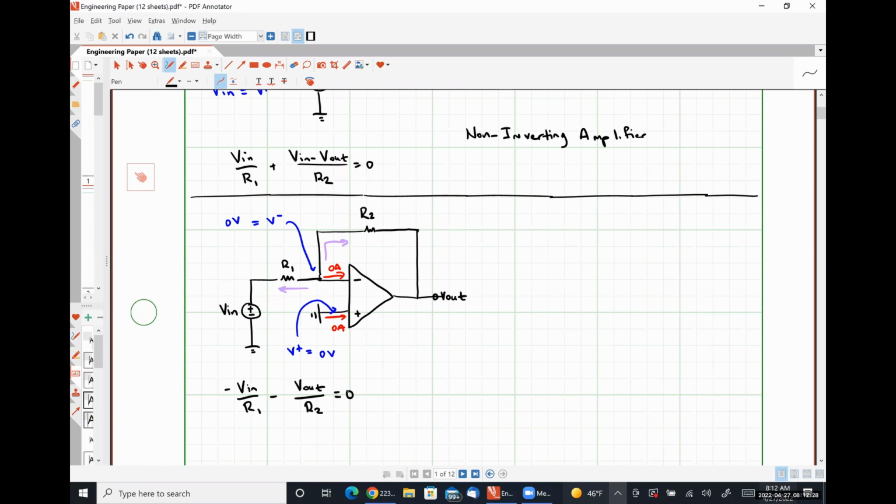And with a trivial amount of algebra, that gives us the relationship V out is equal to negative R2 over R1 times V in. This particular amplifier, which will be the second part of your lab, has a voltage gain of V out over V in is equal to negative R2 over R1.